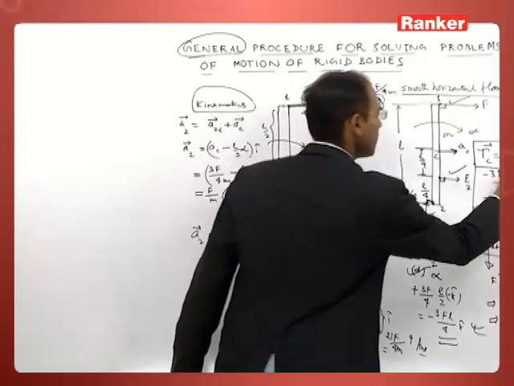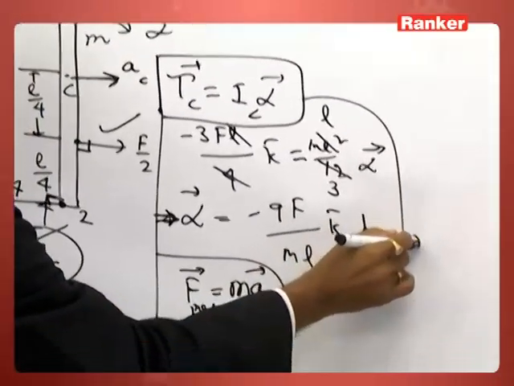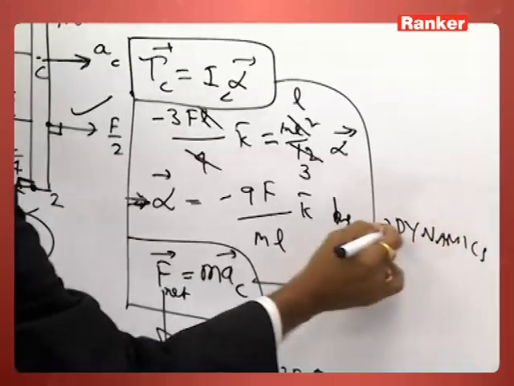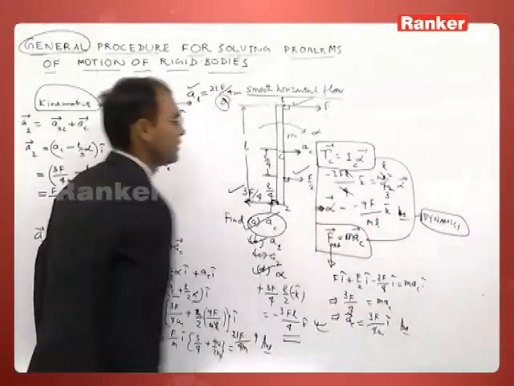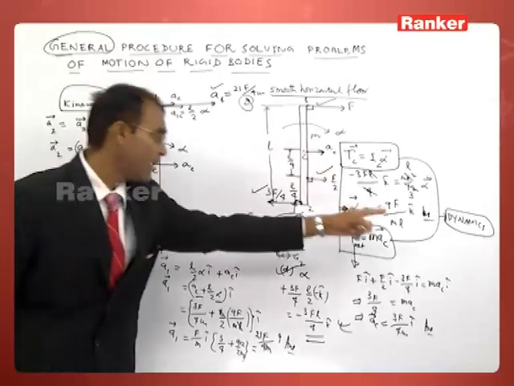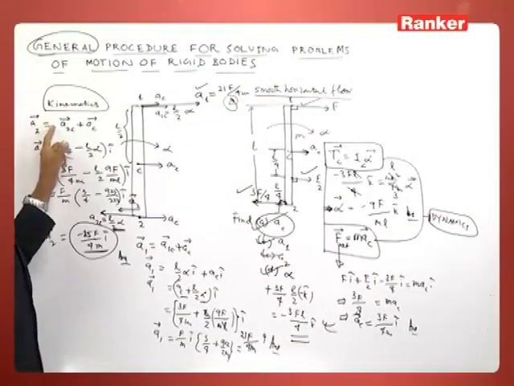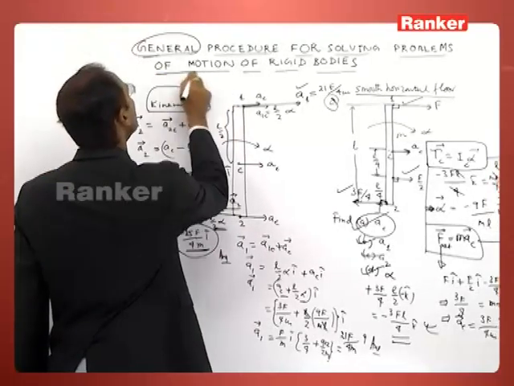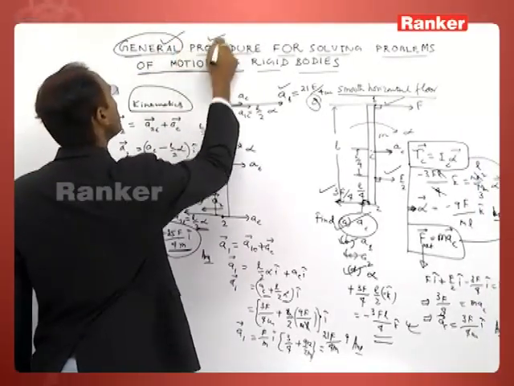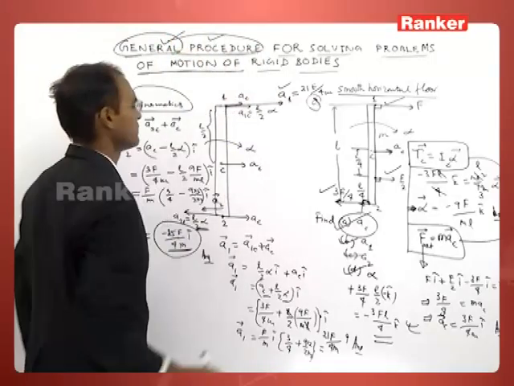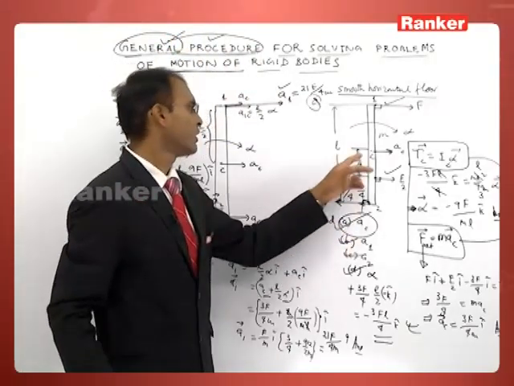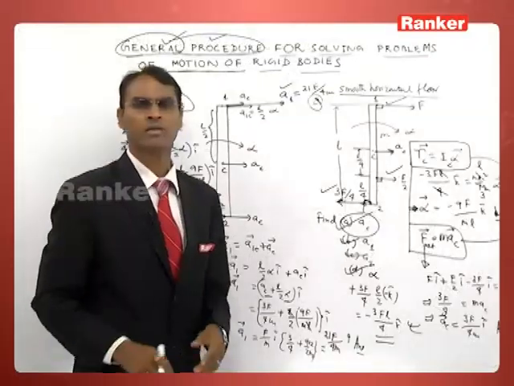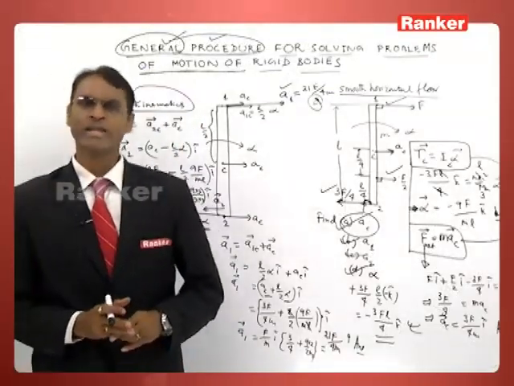And these two are dynamics. In this way, this dynamics plus kinematics is called mechanics of rigid body, accomplished by the general procedure. In general procedure, always you have to take the reference point, the center of mass of the rigid body.